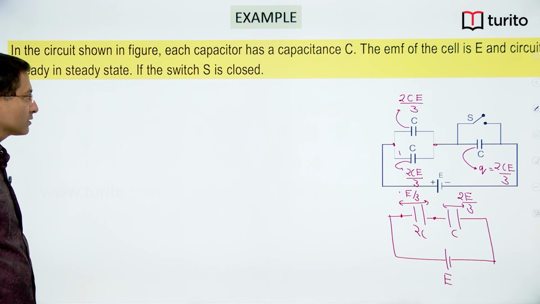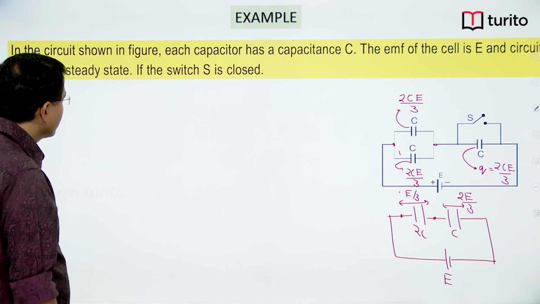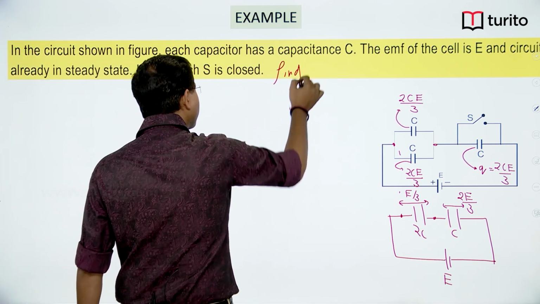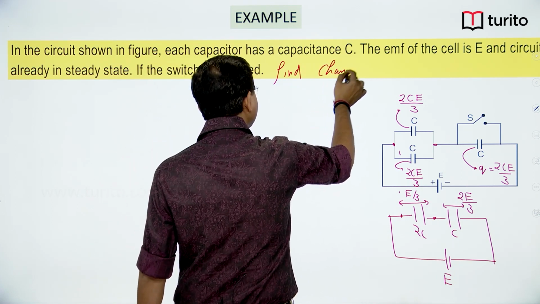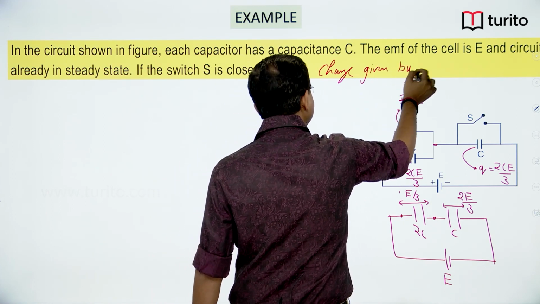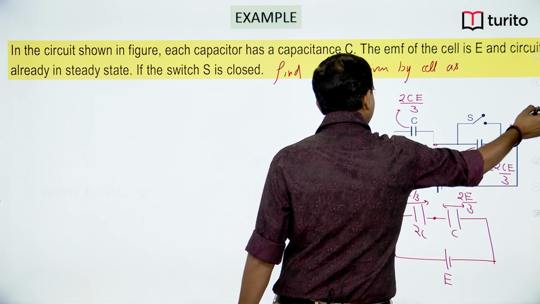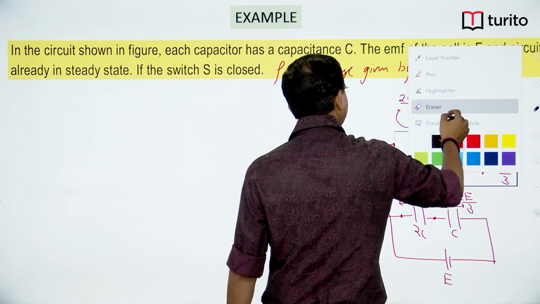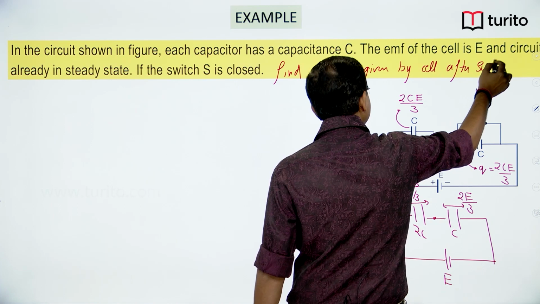If the switch is closed, find the charge given by the cell after the switch is closed.